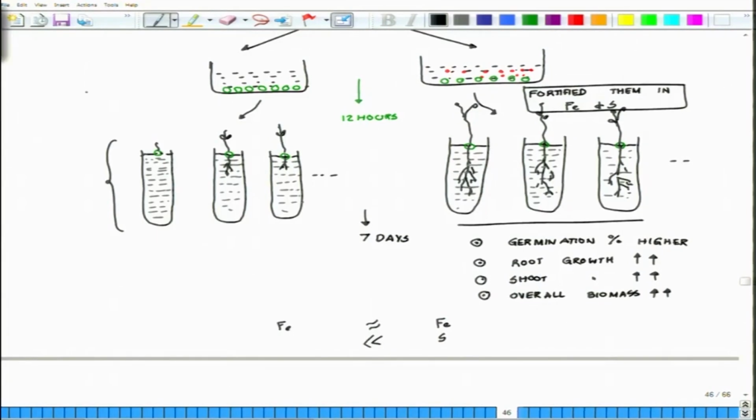But this was the very first clue to tell that here is a seed biostimulant, a very simple seed biostimulant, which could increase the germination percentage.